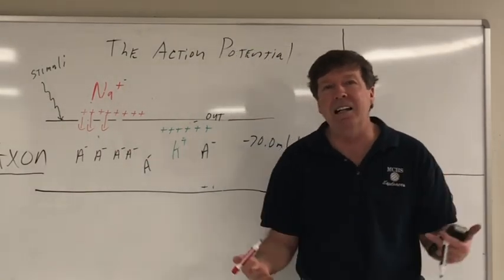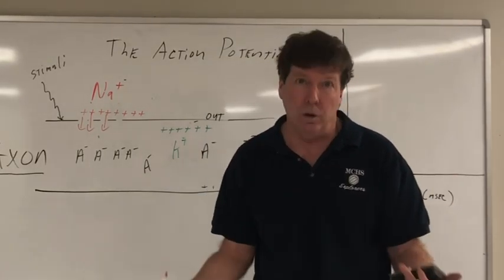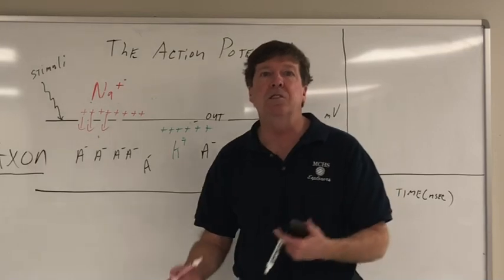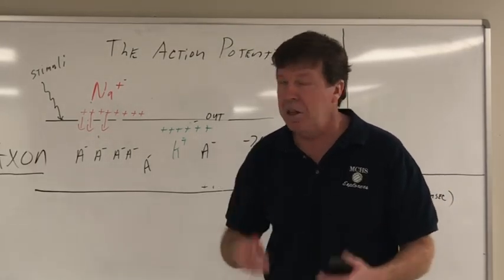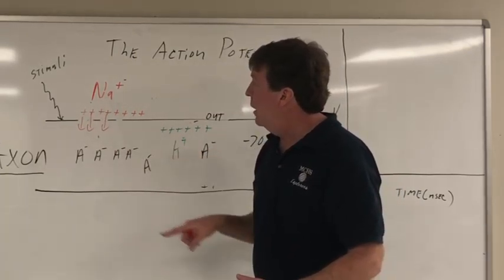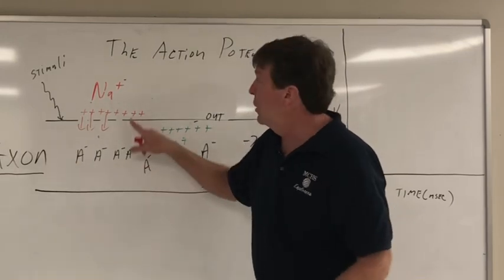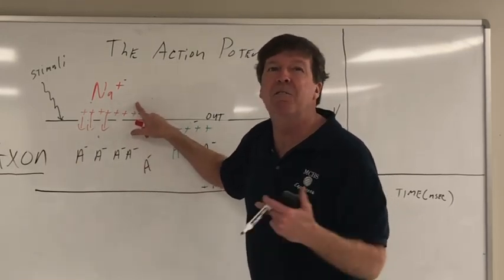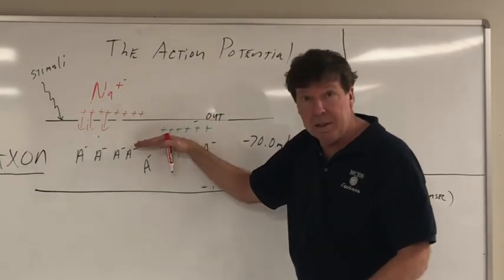They're simply following the concentration gradient, which means, of course, moving from regions of high concentration to regions of low. So really there's two big things going on here. These sodiums are moving in because of electrostatic attraction, but they're also moving in because of the diffusion gradient. High sodium here, lower sodium here.